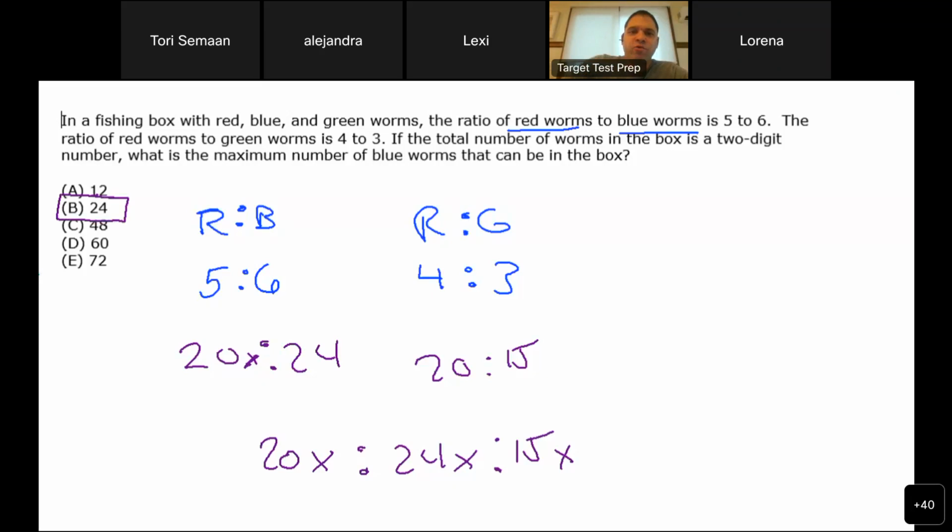Now, if for whatever reason it said the number of total worms in the box is less than 150 worms or something like that, then all of a sudden the answer to this question is C, 48, as opposed to 24. So the point here is watch out for the restrictive information that allows you to come up with something specific.